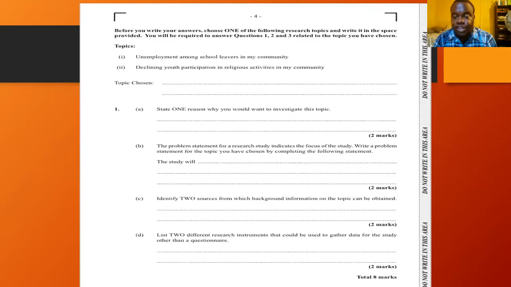Two different research instruments that you could use to gather data other than a questionnaire. All right, you could use an observation sheet. You could use a checklist. You could use an interview schedule other than a questionnaire. All right? All right, so let's go now. Next.